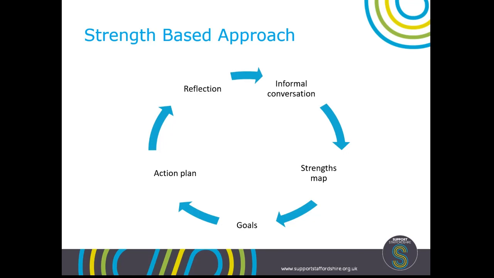And then we also find out about the community, what's in the community. So we can then set goals and from that build an action plan. But as I said, we need to reflect on any goals or action plan we build. We don't just set the goal, leave them alone and let them get on with it. We have to review it and make sure it's appropriate, because things may change along the way.